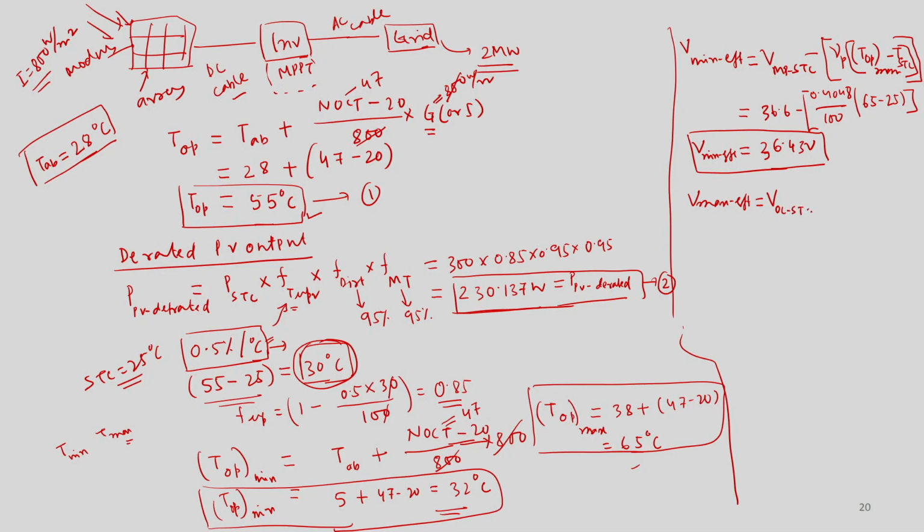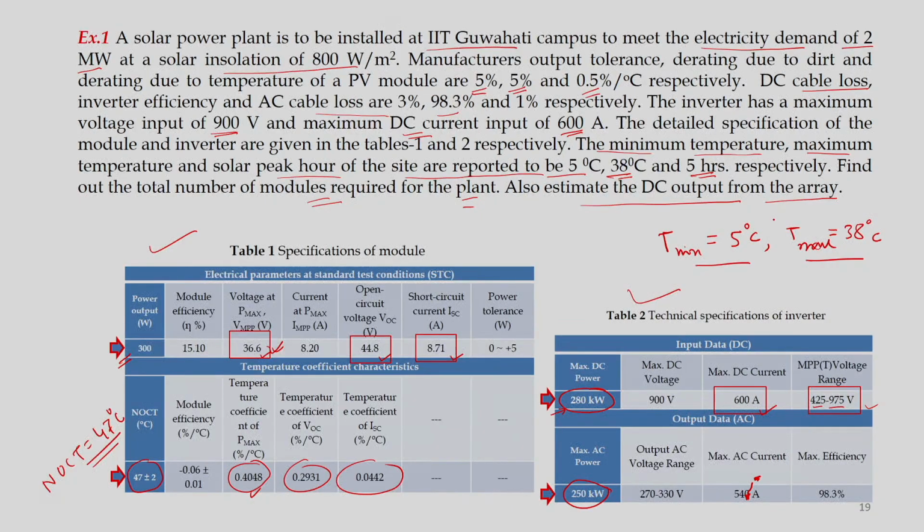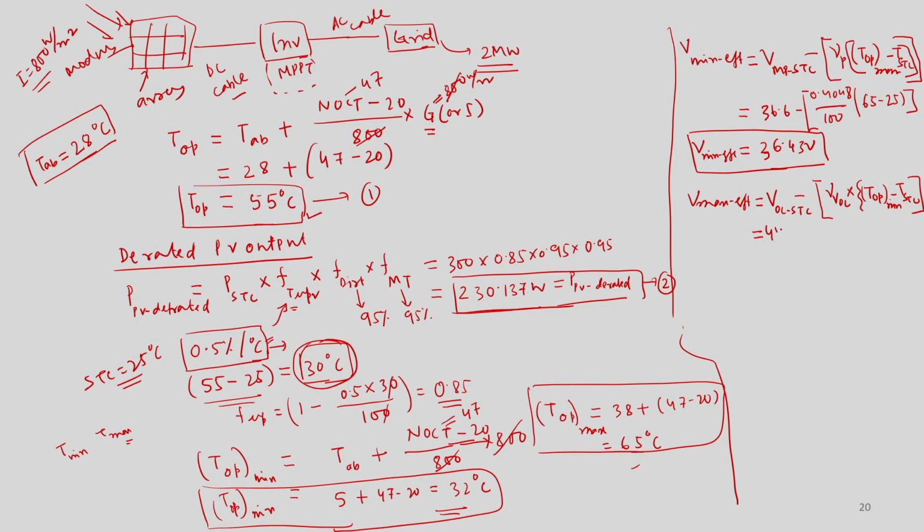V OC STC, the open circuit voltage under standard test condition of the module, minus gamma V OC, the temperature coefficient, multiplied by T OP min minus T STC. The open circuit voltage we take from here: 44.8. So, 44.8 minus 0.2931 divided by 100, multiplied by 32 minus 25.